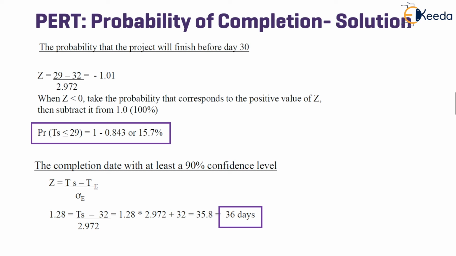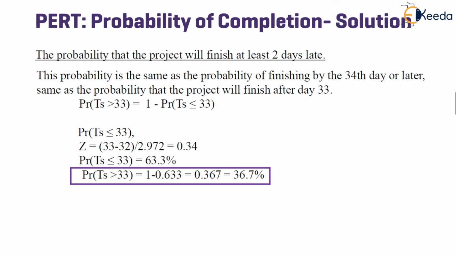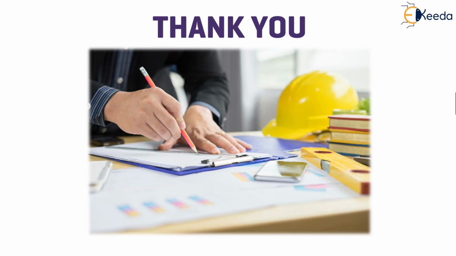There are often various critics for this type of method for obtaining a valid time estimate from three different time estimates, and often it becomes difficult to arrive at one activity time. Nevertheless, this technique is widely used. Now, the last example, that is the probability that the project will finish at least 2 days late, is also solved for your reference. Thank you.